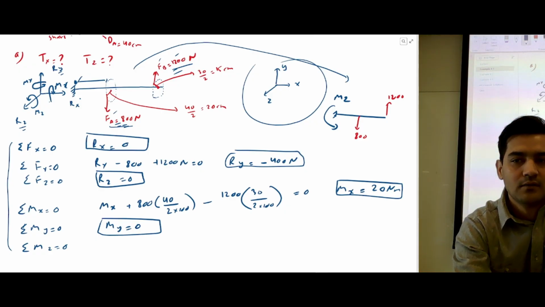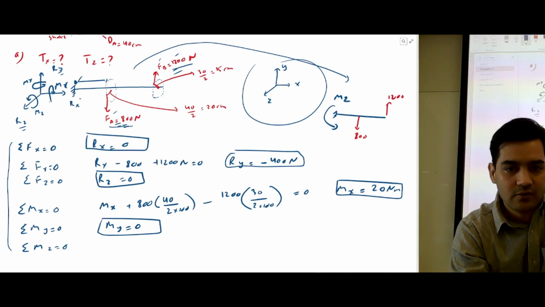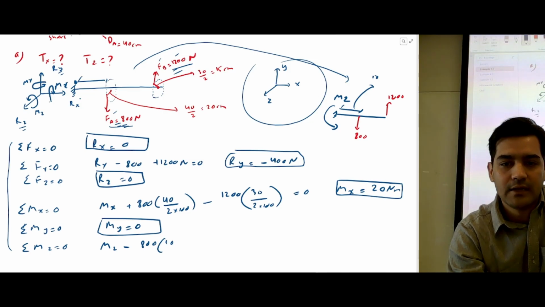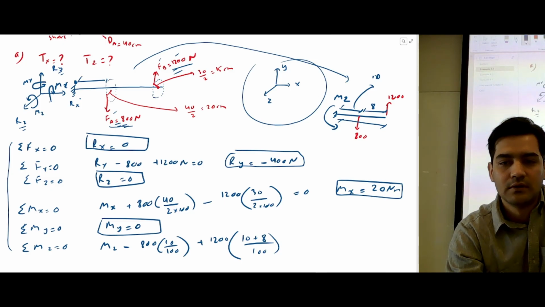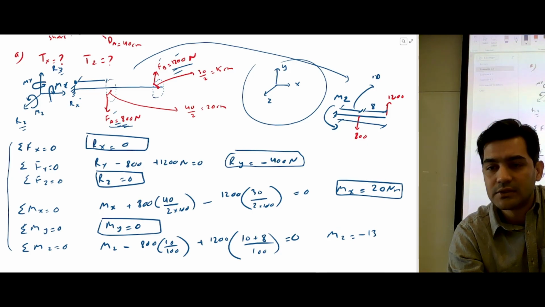So from here also, if you do summation of moment is equal to 0, you'll get M of z negative 800 into this distance, which is 10 divided by 100, plus 1200 into 10 plus 8 divided by 100, which is, this is 8, right? This is 10. So that's the moment arm for 1200, is equal to 0. So moment at z would be equal to minus 136 Newton meter.